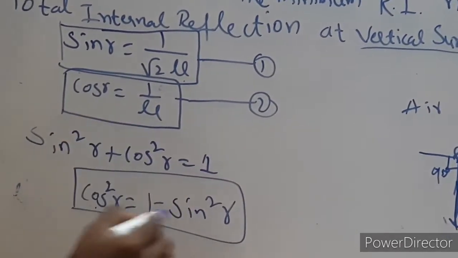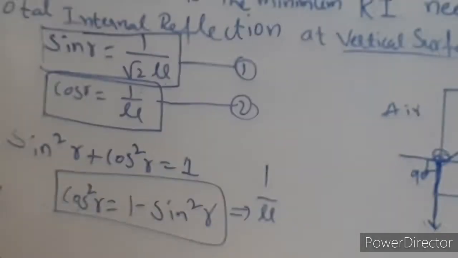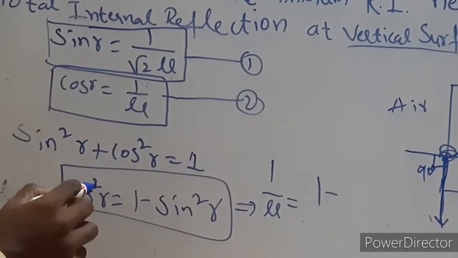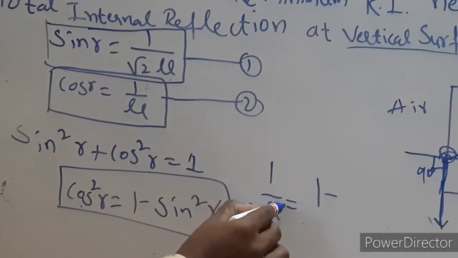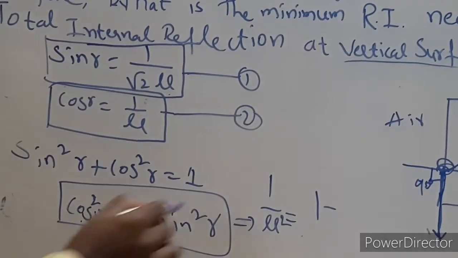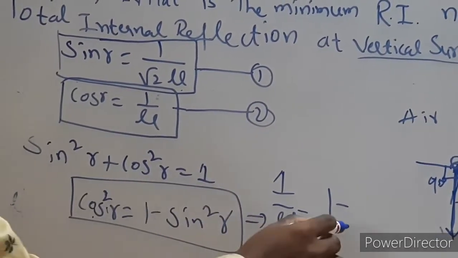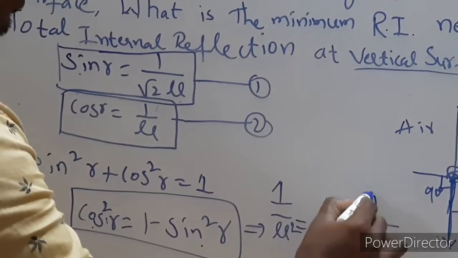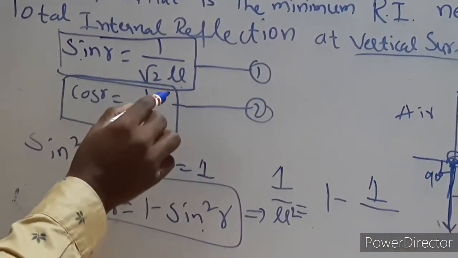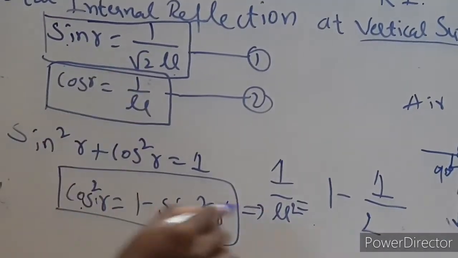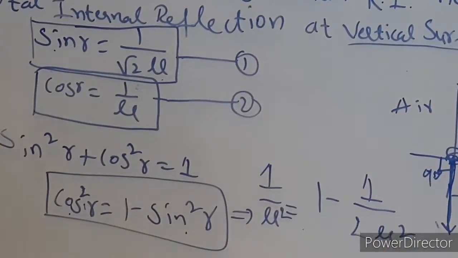Cos square r is 1 by mu square, and that is equal to 1 minus sin square r, where sin square r is 1 by root 2 mu whole square. So root 2 squared is 2, and mu squared.